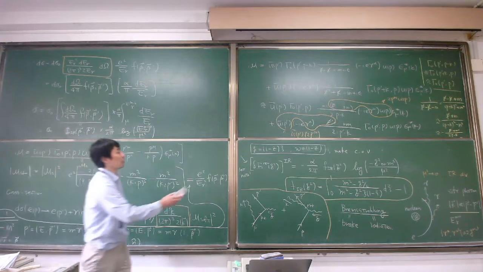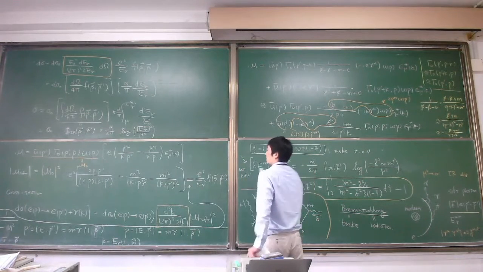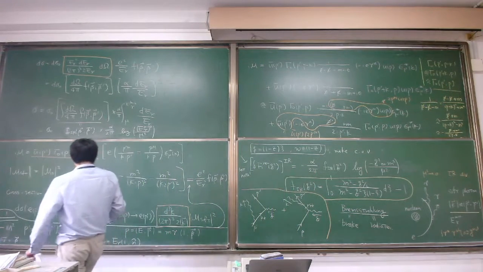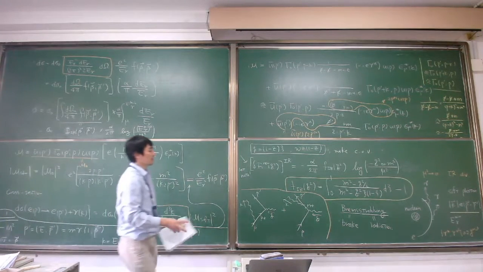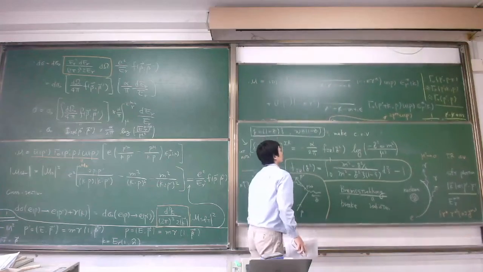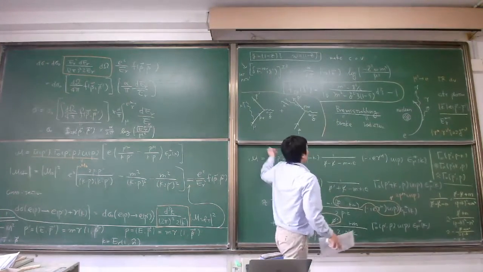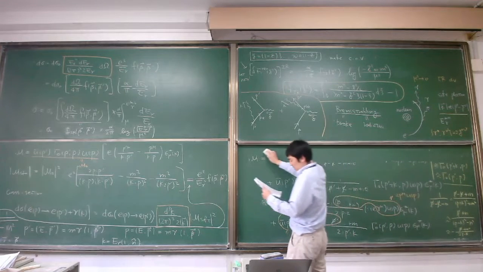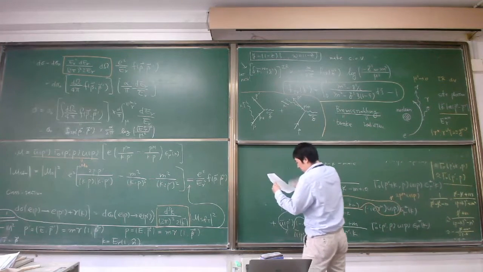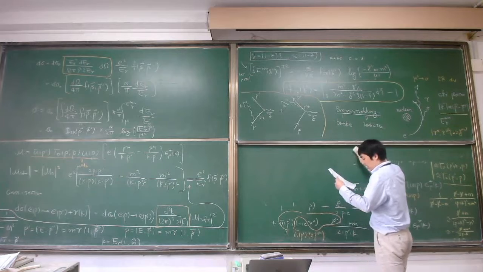So I think this is okay and this is okay, and then we want to do the difference between them. I think I will check later. I think there's a factor of 2, something strange in my lecture note.